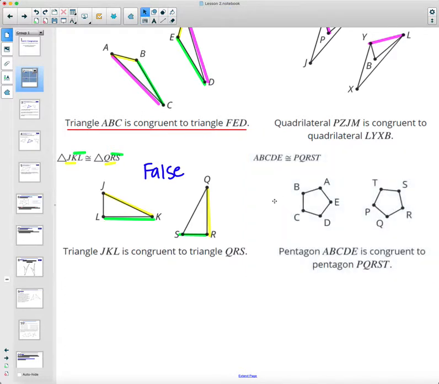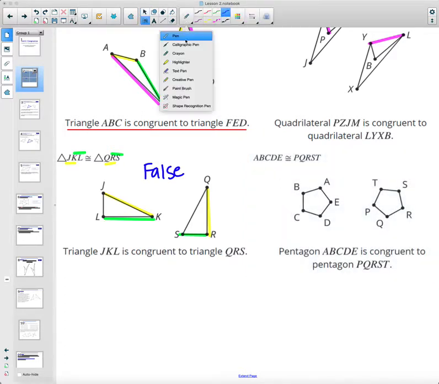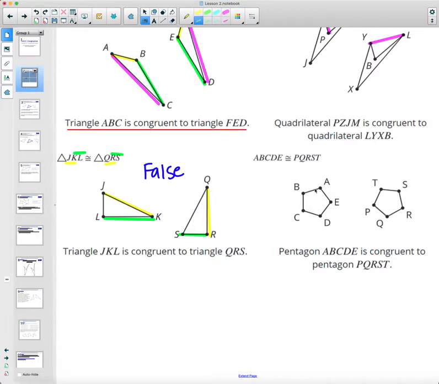And then the final one. Taking a look at the order again, we've got AB with PQ, first two. Then BC with QR.